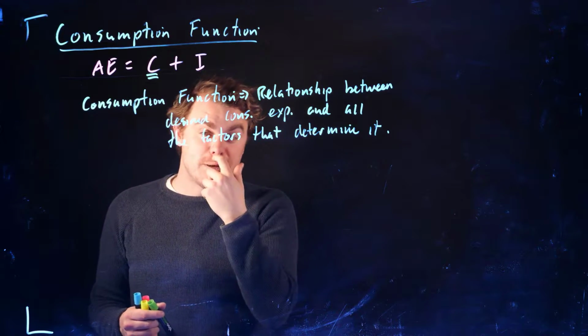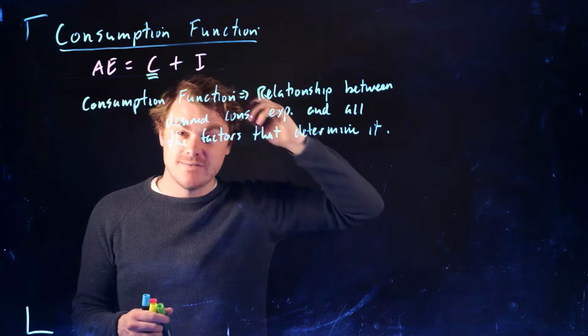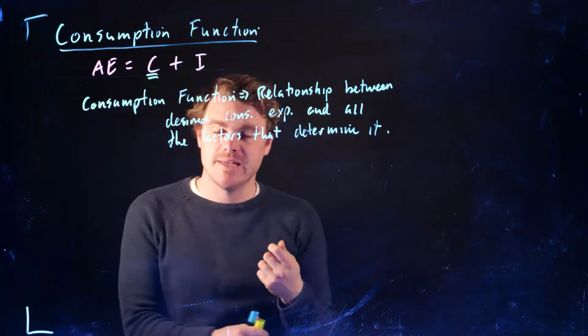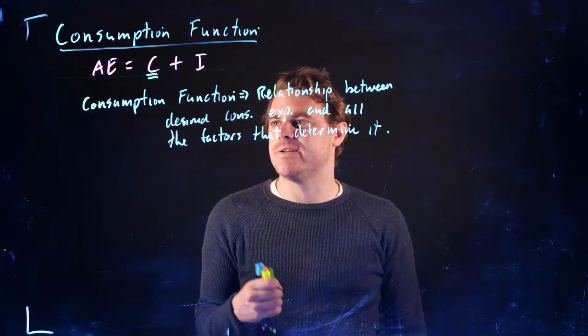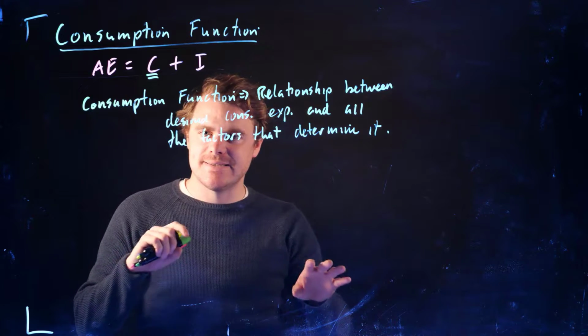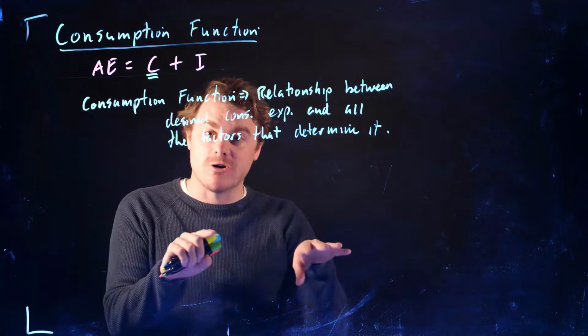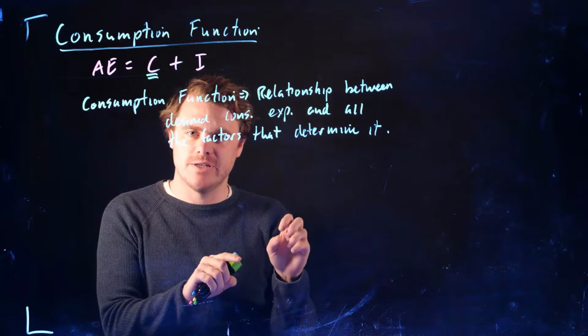In particular, we're really going to concentrate on current disposable income and that relationship. There are other factors that can change our desired consumption levels, but we're going to keep things simple and think that it's just current disposable income that really affects it directly.